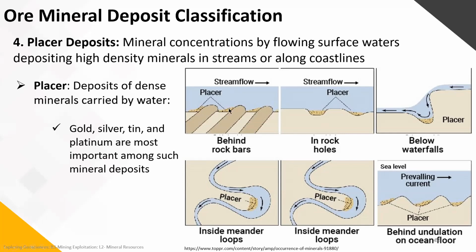So we can either have traps behind rock bars and rock holes within the bottom of the stream, within a drastic change or fold within our bottom, and meandric loops within our river, and the prevailing change in the current within an area. So any natural trap is a good trap for placer deposits.